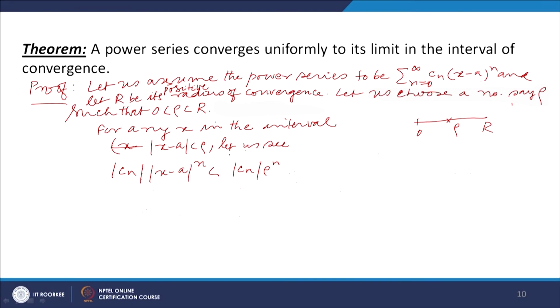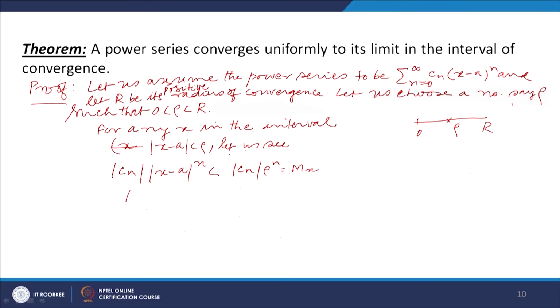Then we notice that the modulus of the nth term, mod of Cn mod of x minus a to the power n, for any x in the interval mod of x minus a less than r, satisfies this inequality. This is less than mod of Cn into rho to the power n. Let me take it as Mn.